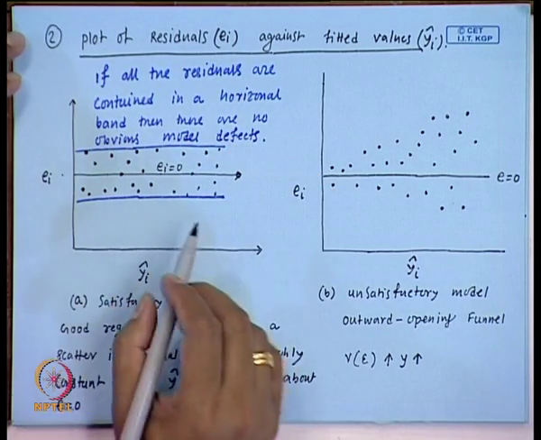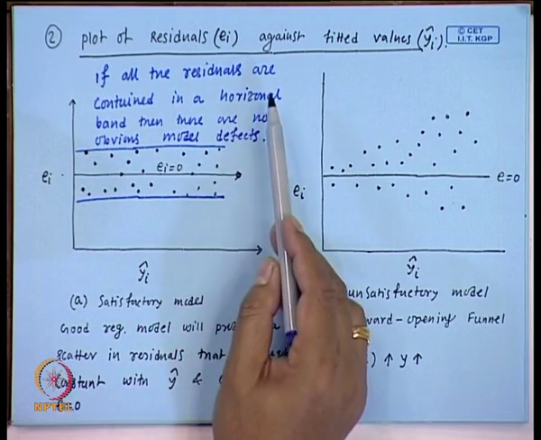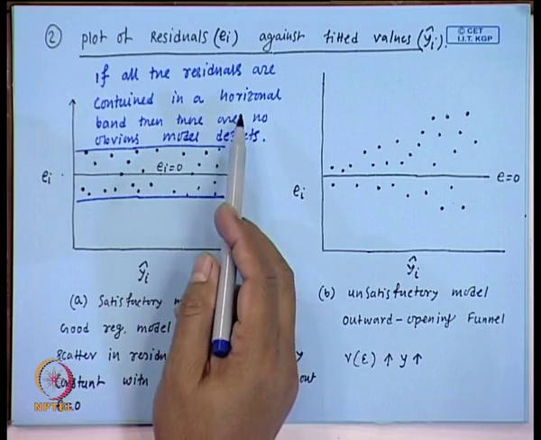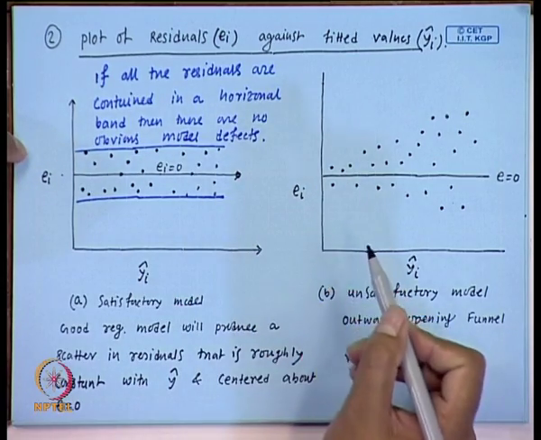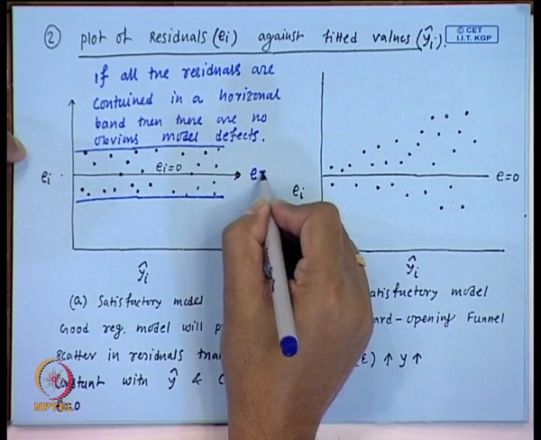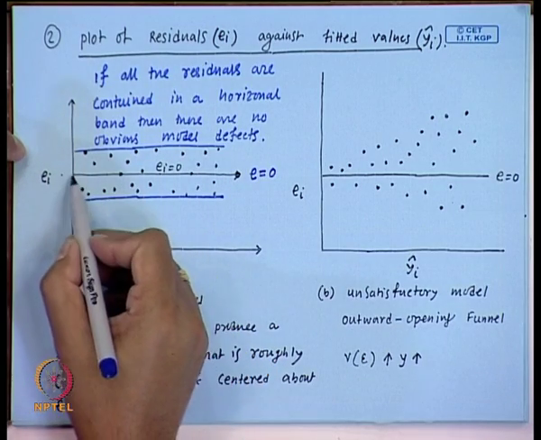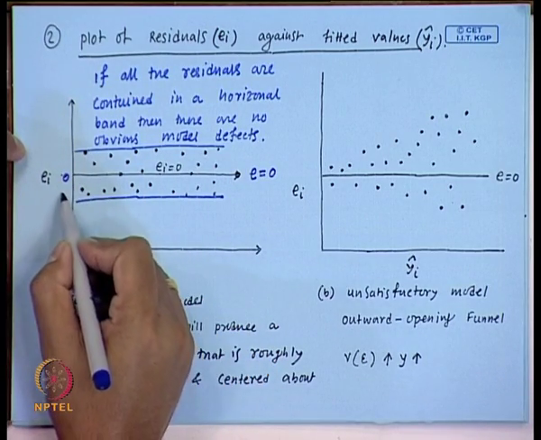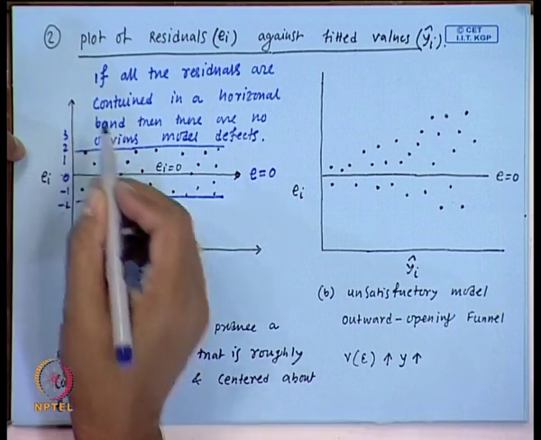That means, if all the residuals are contained in a horizontal band centered about e equal to 0, this is the line e equal to 0, because the residual values could be 0, minus 1, minus 2, 1, 2, 3 like that.